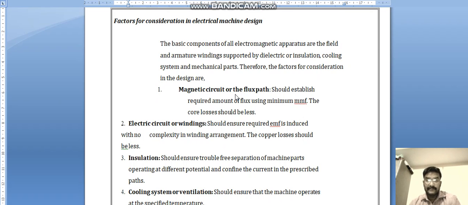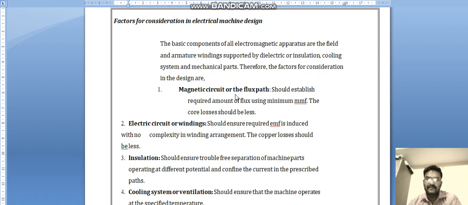Normally air is a good insulation, and plastic and ceramics also act as dielectrics or insulations. For the cooling systems we will go for ducts, making holes in the case of the transformer or the motor.